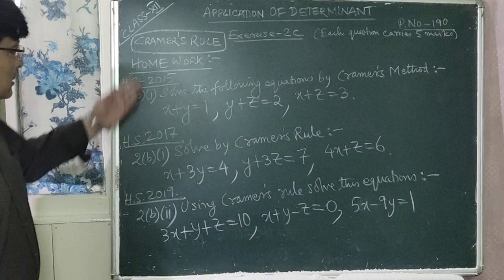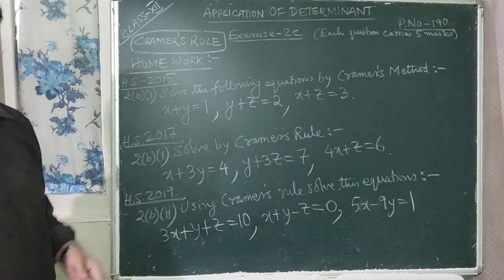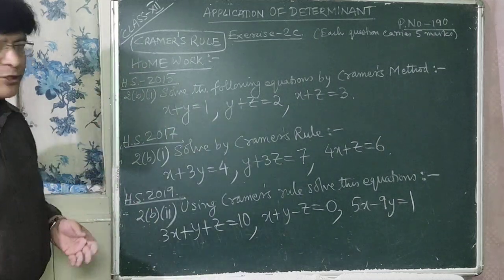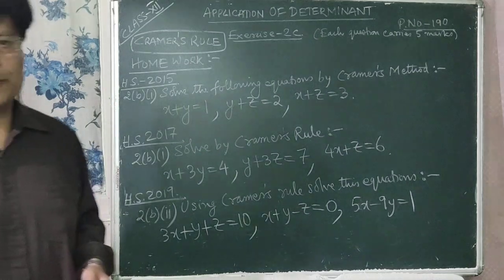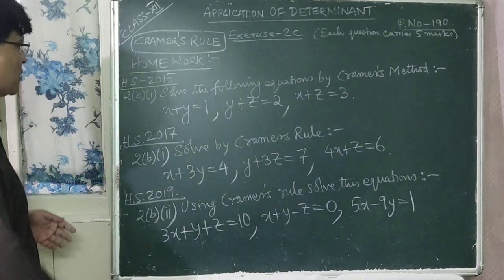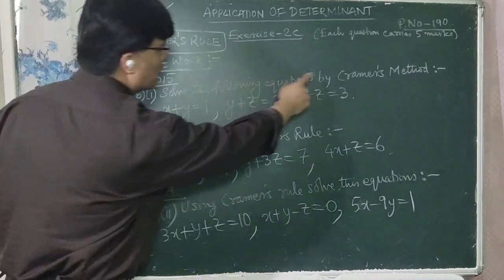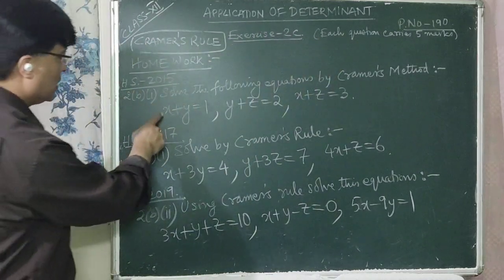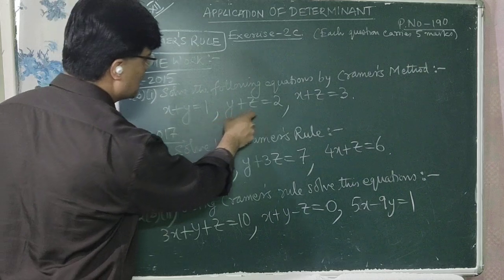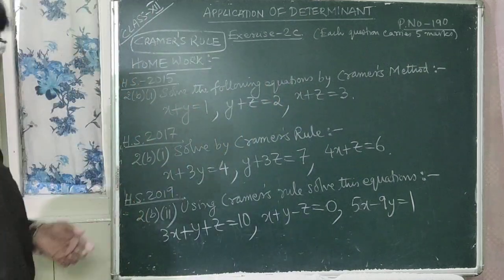So now these are your homework. You have to use Cramer's rule, and these questions are from higher secondary question papers. Okay. So first one is HS 2015. That is 2B number 1. Solve the following equations by Cramer's method. Right? X plus y is equal to 1, y plus z is equal to 2, and x plus z is equal to 3. You can easily do it.